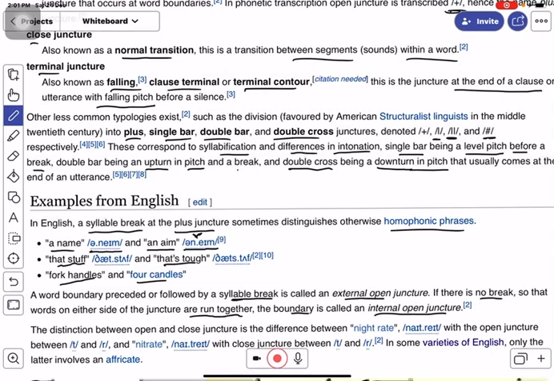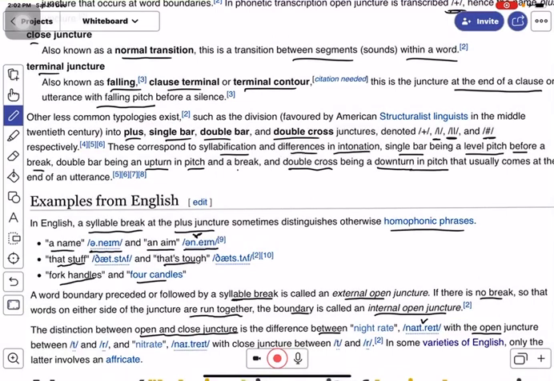The distinction between internal and closed junctures is the difference between nitrate and night rate with the open juncture. So here you have the word down here after the first word.